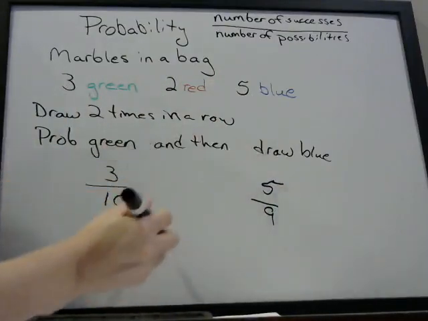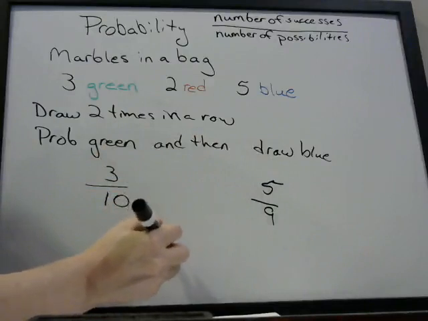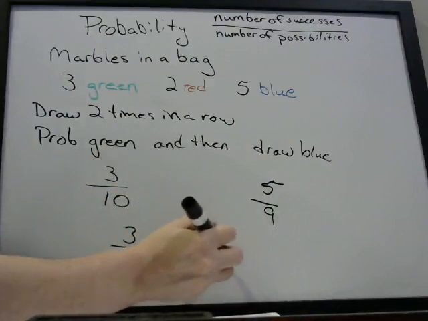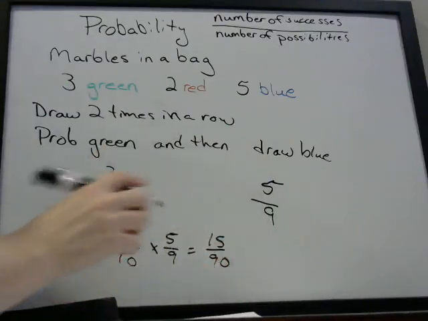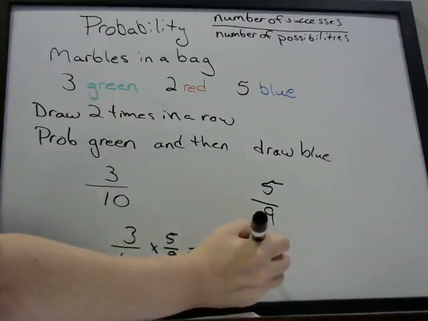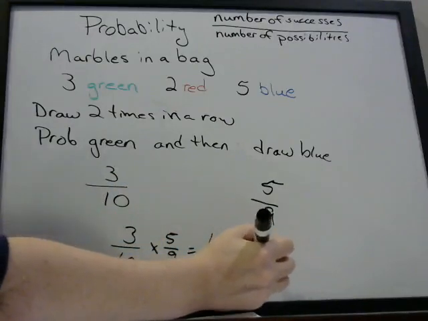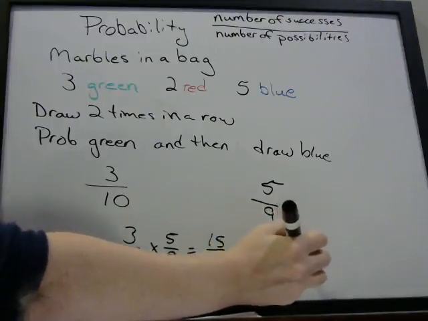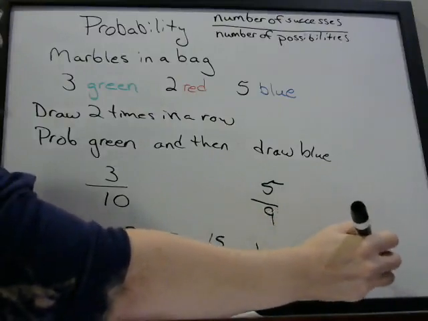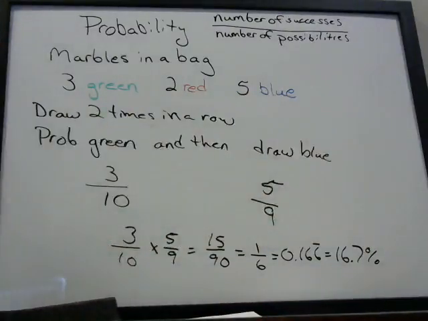So to do 2 actions in a row, we just multiply their probabilities. I'm going to round that to 16.7%. All right, I'm going to take a pause and put one last question up.